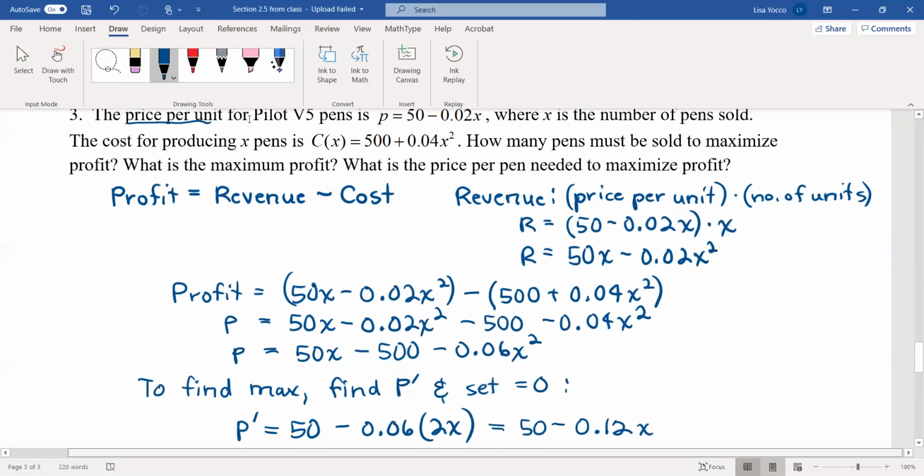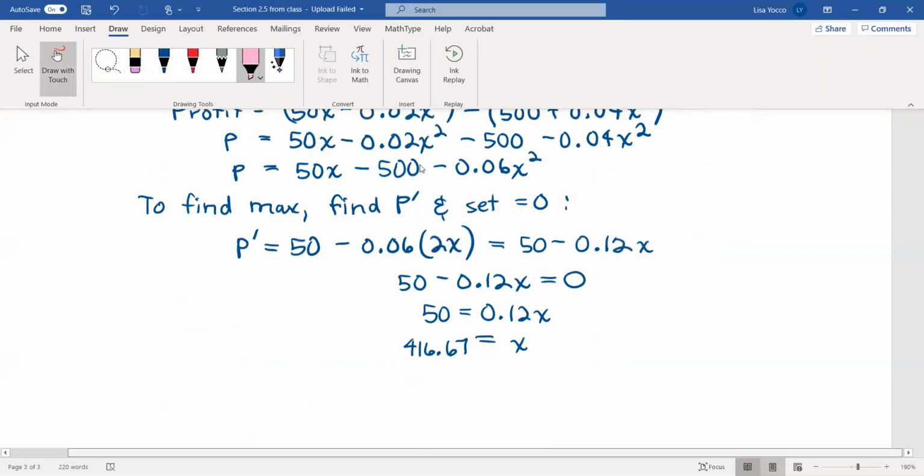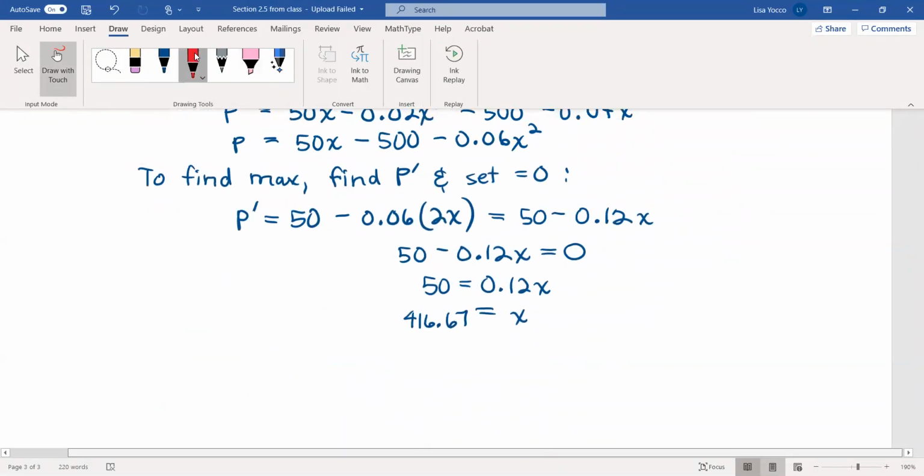All right, so let's go back and remember, we've got to answer the question. X is the number of pens. The profit function we have, and then the price per pen, all of those are given to us. So let me get the price. It's 50 minus 0.02x. X is the number of pens.